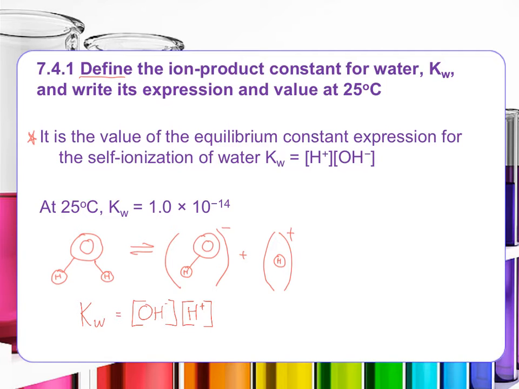And we're saying that water is generally a neutral substance, and if we've got pure water, then we can learn that at 25 degrees, Kw is going to be equal to 1.0 times 10 to the minus 14. And I'll show you how we calculate that number on the next slide. But for now, please remember, this is a value that you need to memorize.